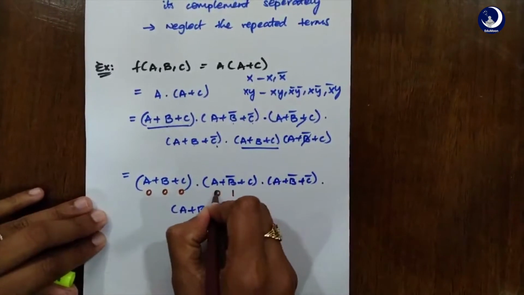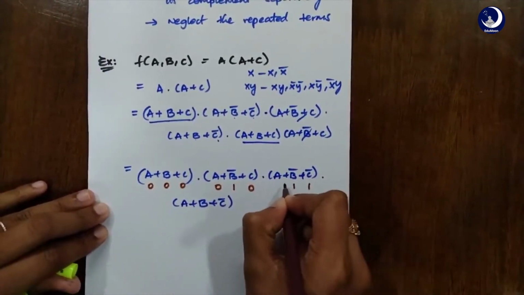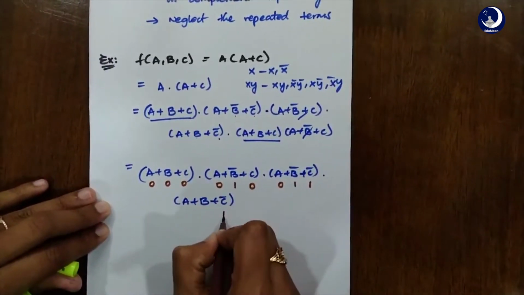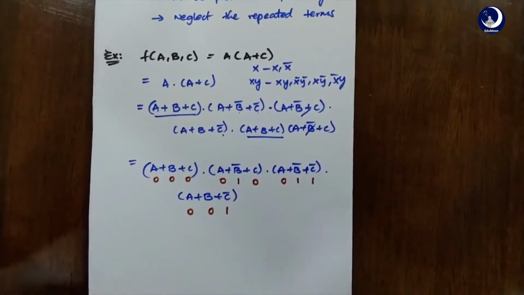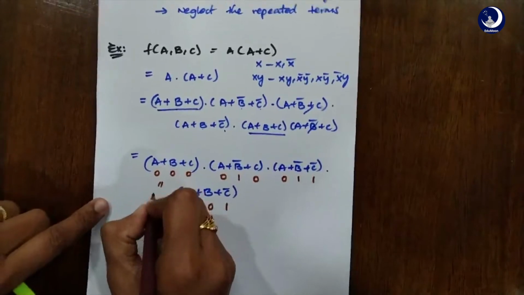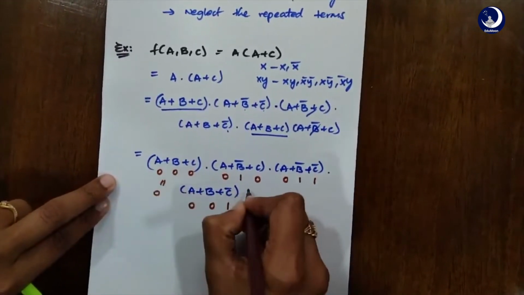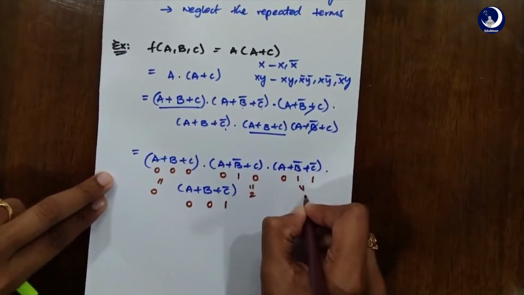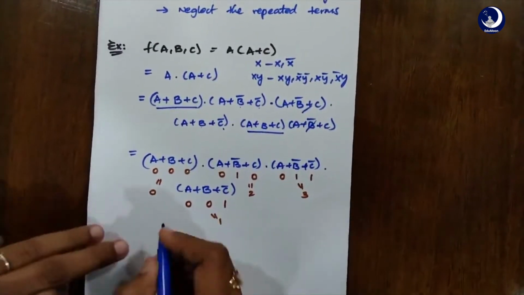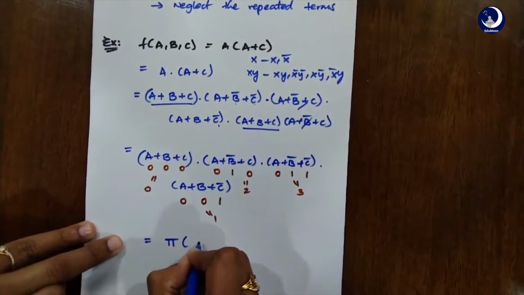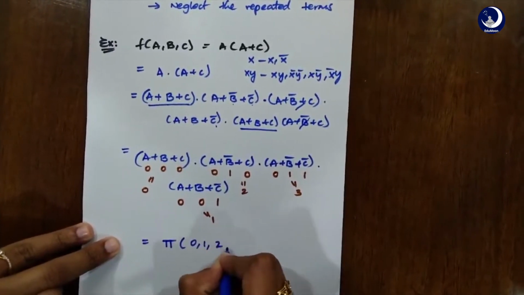So finally 0, 0, 0 stands for 0, and this stands for 2, this stands for 3, and this stands for 1.